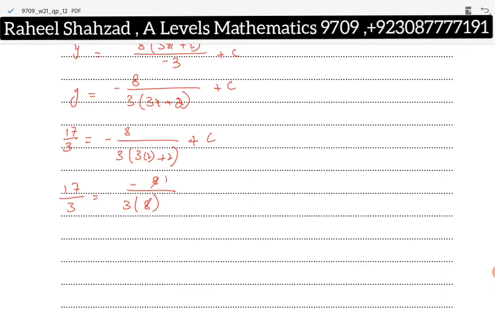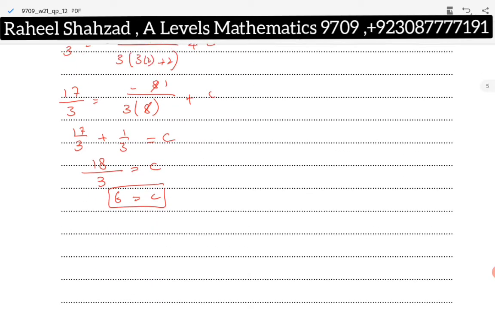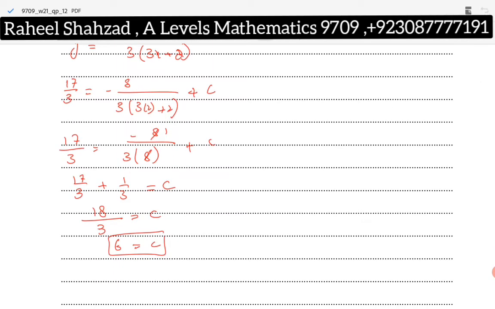You can cancel this 8, so it is going to be 17 divided by 3 plus 1 divided by 3 is equal to c. We have the same denominator, so we can add these two fractions. It's 18 by 3, so c is equal to 6. And your final answer would be y is equal to minus 8 divided by 3 times 3x plus 2, plus 6. So this is the required equation.